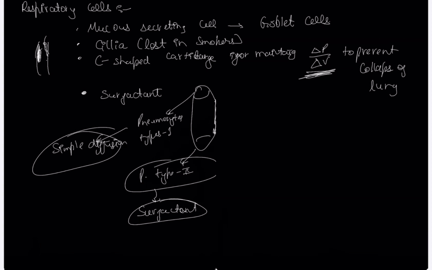What is the function of surfactant? It reduces surface tension, and by reducing surface tension it prevents the lung from collapsing, like hyaline cartilage. How is this hyaline cartilage present?